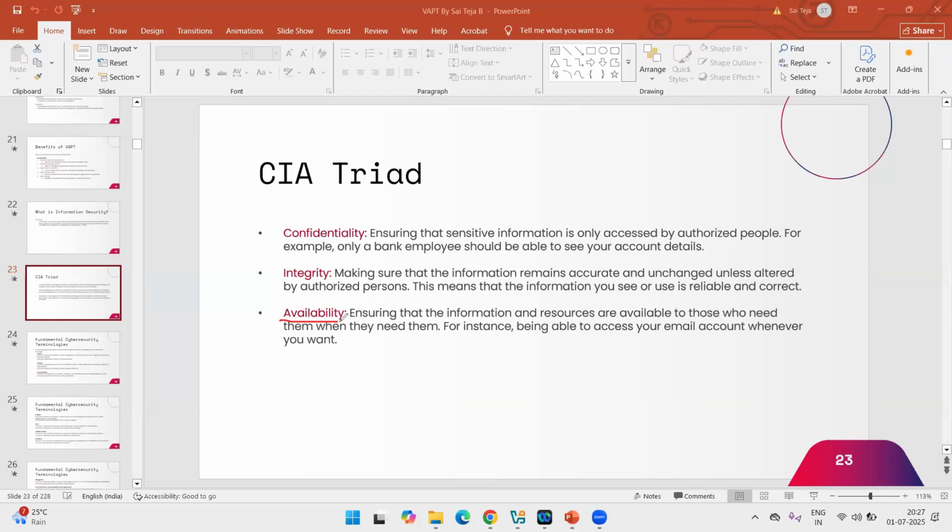So our goal, when you work as a security consultant or security person, is to provide this confidentiality, integrity, and availability of the resources and the data. Understood? Is it clear for all? Or does anyone have any questions?